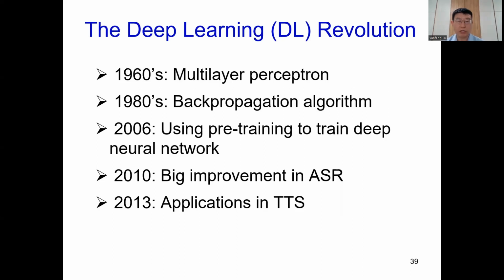So those are the major milestones in the development of the neural network approach. And we can see the current development in TTS was based on the deep learning revolution, which started in 2006.